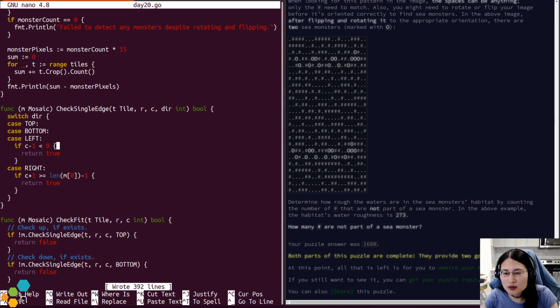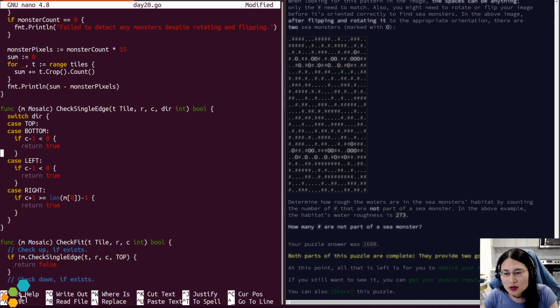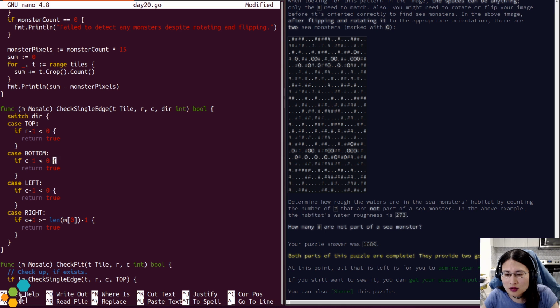So we want to always say it's fine if we're off the edge of the map, at least for now. Okay. Top is the same story except it's R. Over here, it's greater than or equal to.